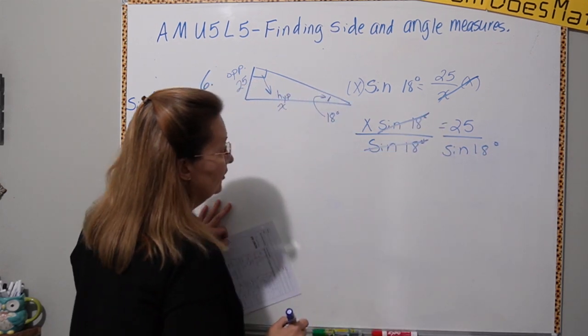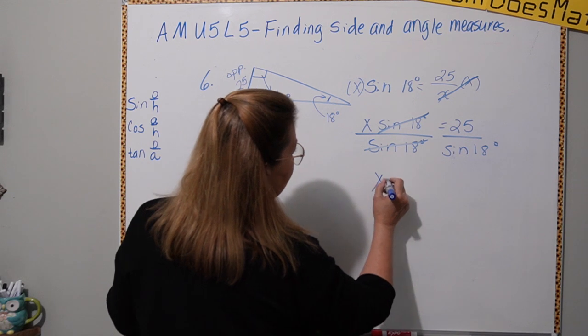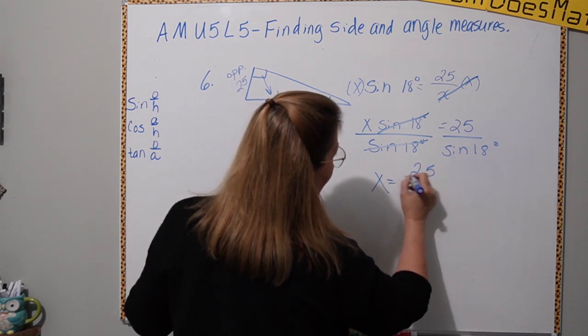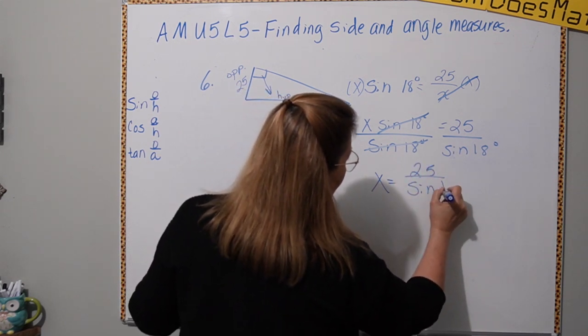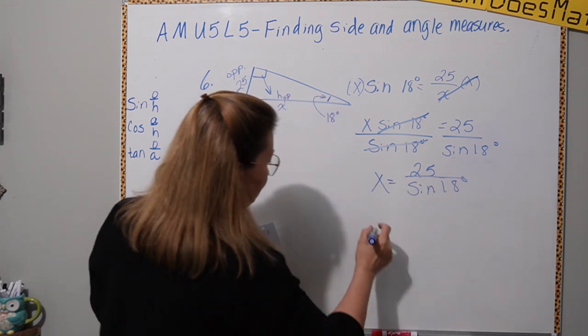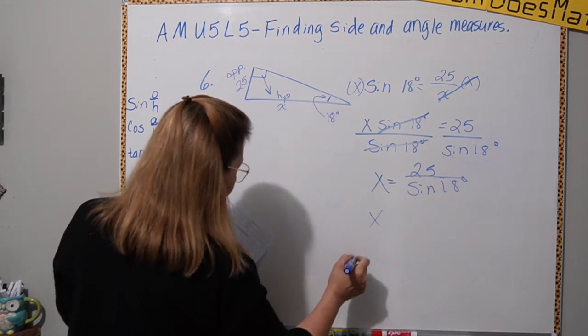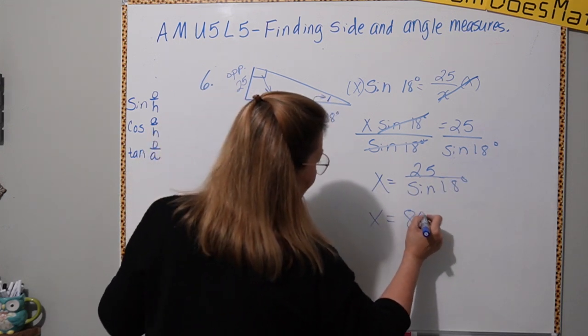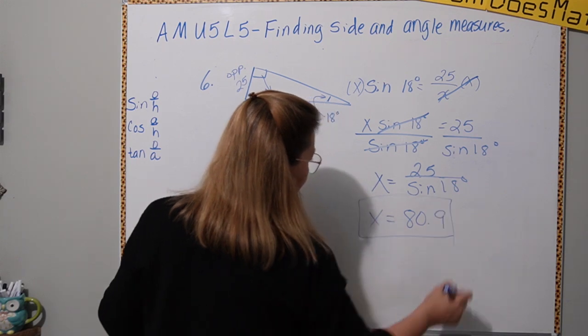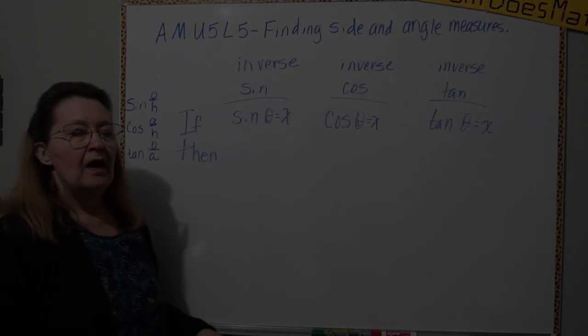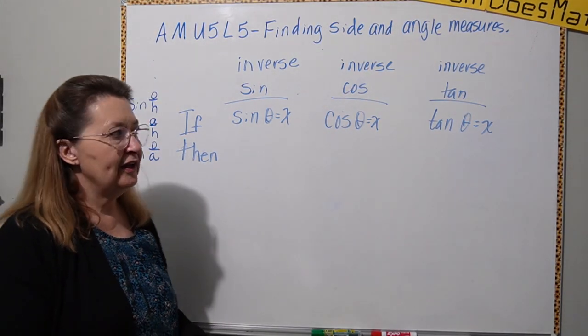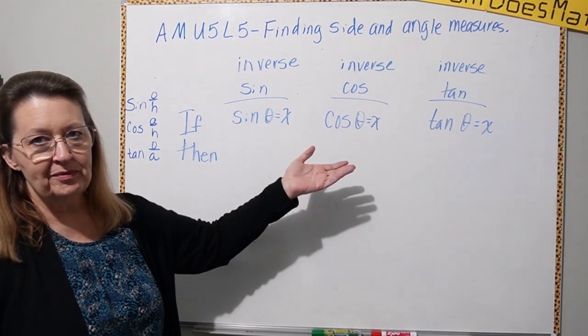They cancel here, and this simplifies to x equals 25 over sine 18 degrees. And once again, you put that in your calculator, and it's going to spit out 80.9.